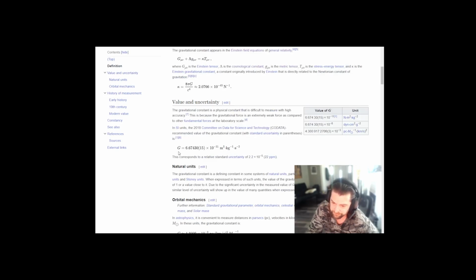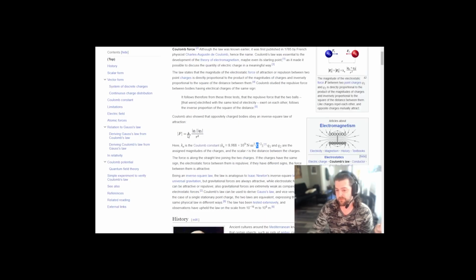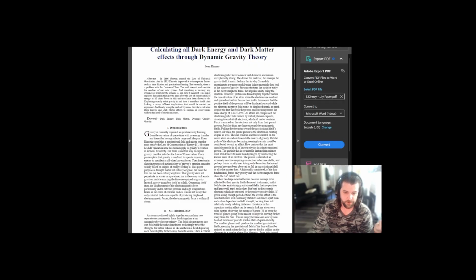So this number, G, is measuring an effect that occurs per a certain amount of mass, per kilogram, where Coulomb's is measuring an effect that occurs for a certain charge strength. All right? So let me go to my paper.